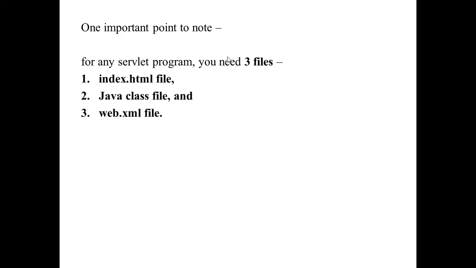Then next, one important point is that for writing a servlet program, we need 3 files. First is the index.html file. Second, the Java file, that is the .java file. And third is the web XML file. When you write the servlet program, we need to create 3 notepad files: first the HTML file, then the .java file, and third the .xml file.